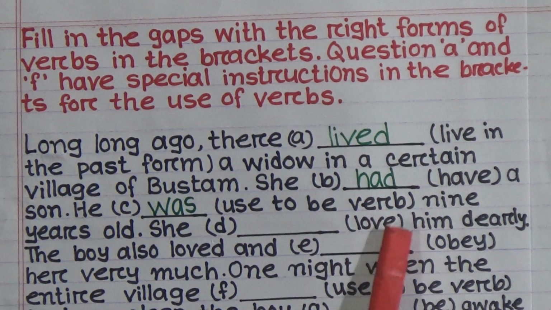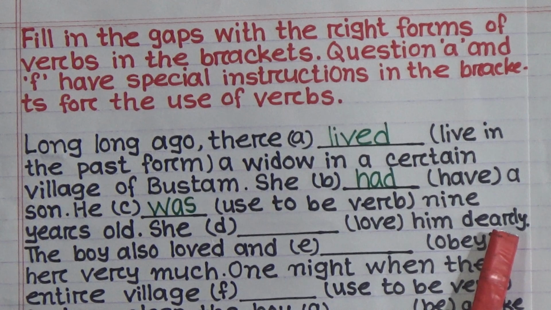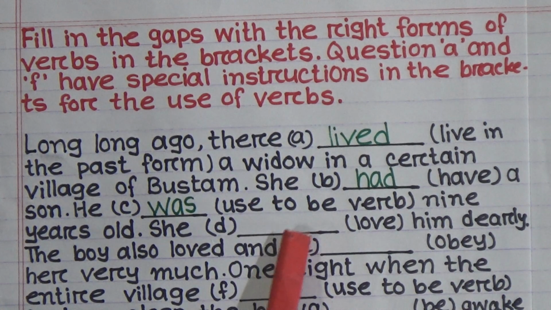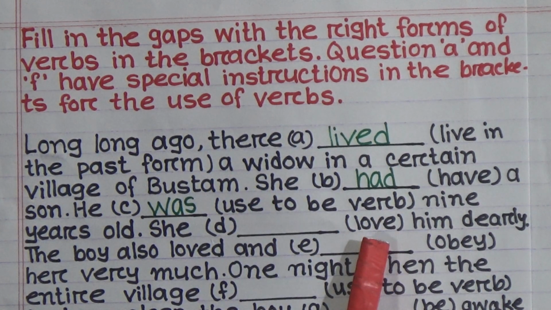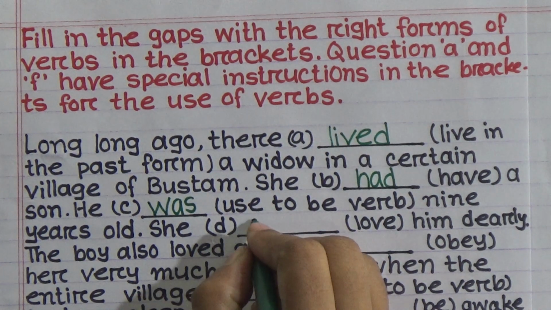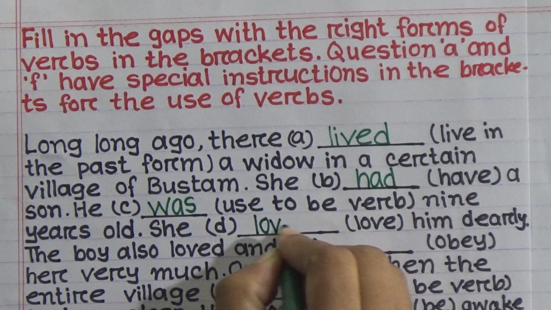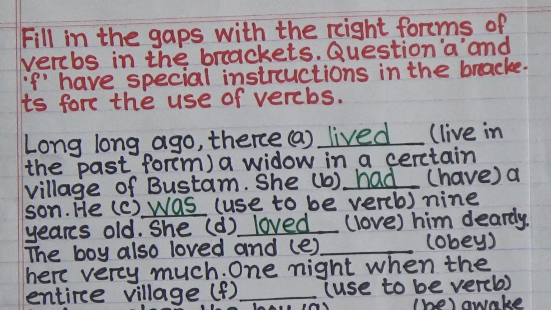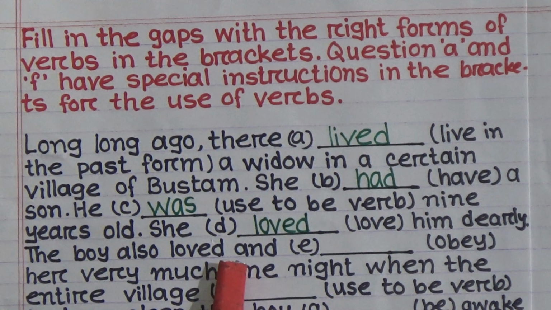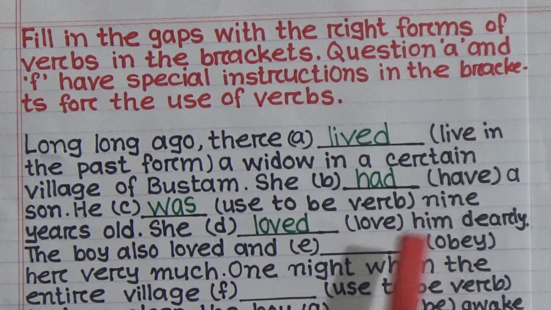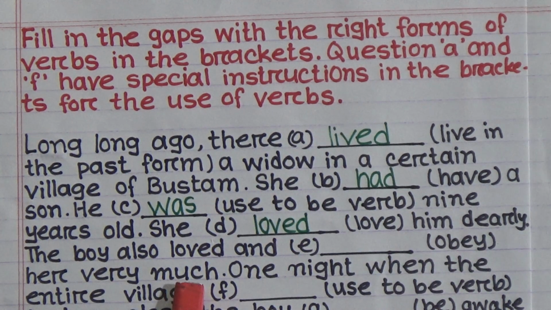She dash, in bracket, loved him dearly. So the first form love will be loved. She loved him dearly. The boy also loved and dash obey her very much.